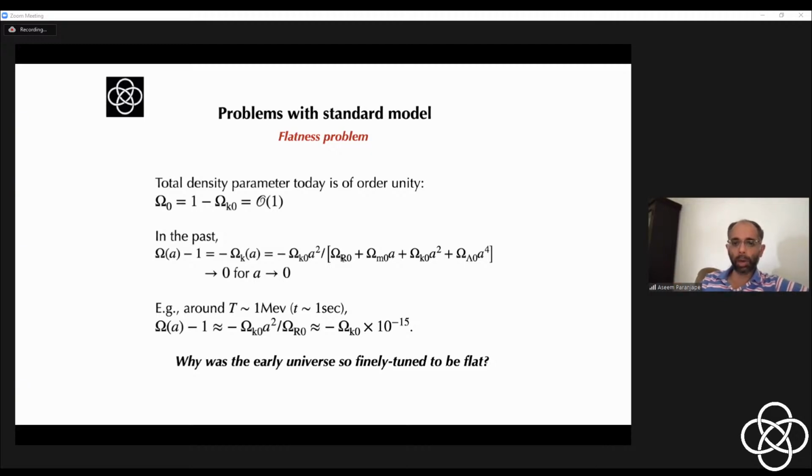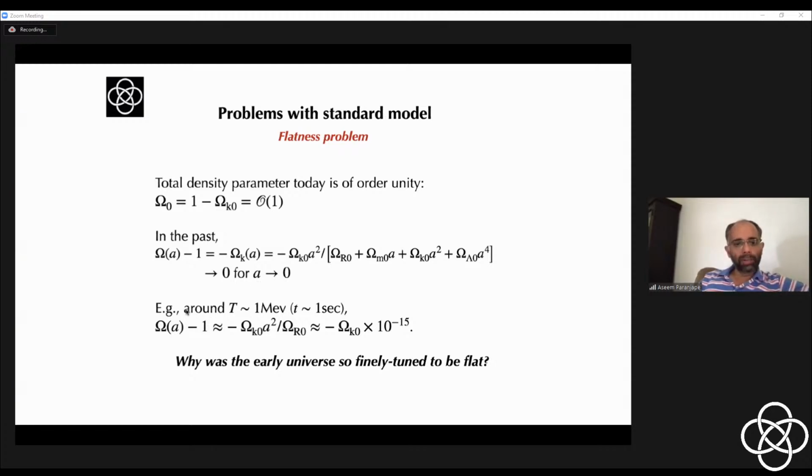As I make a smaller and smaller, it is only this one that will remain. So in the denominator, all of this time dependence from these three terms will go away. And the whole time dependence will be given like a squared. But this a is itself going to 0. So what have we concluded? That omega minus 1 goes to 0 like a squared as a goes to 0.